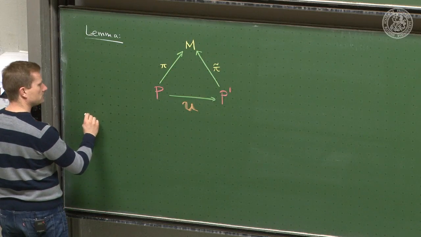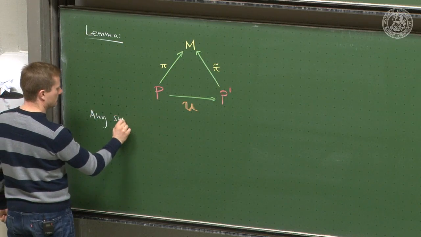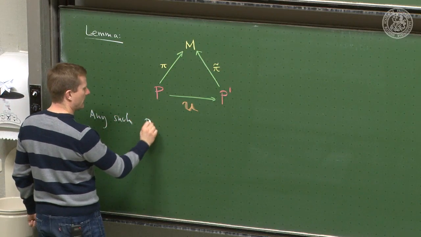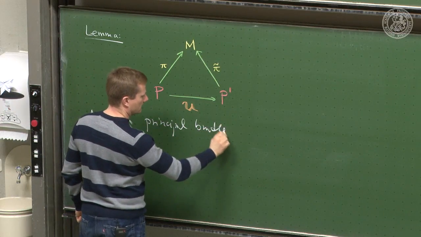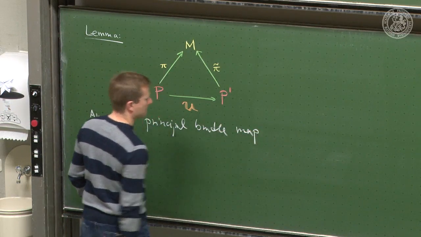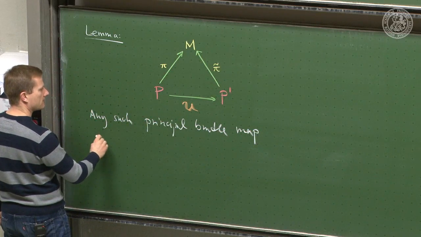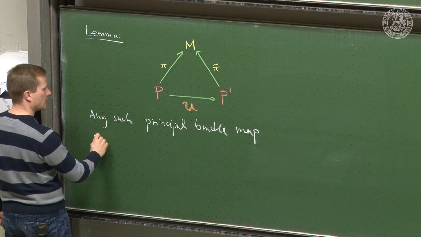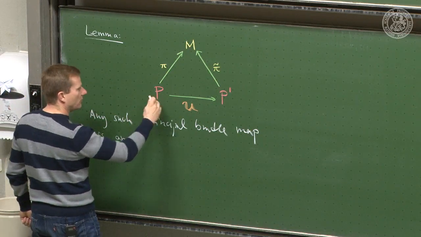And the claim is that any such principal bundle map is an isomorphism.